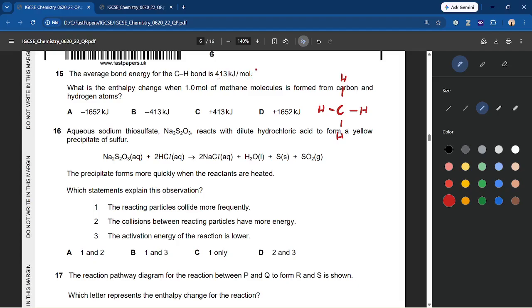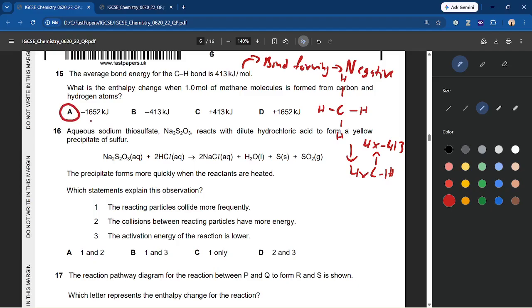So when you're forming bonds, this will be bond forming, this is negative. So because you're forming 4 CH bonds, this will be 4 times minus 413. And if you do the math, you'll get minus 1652.